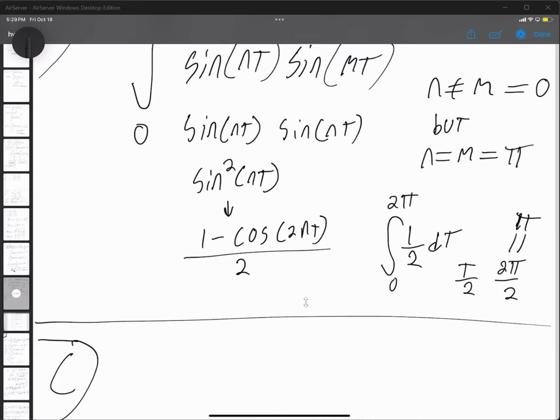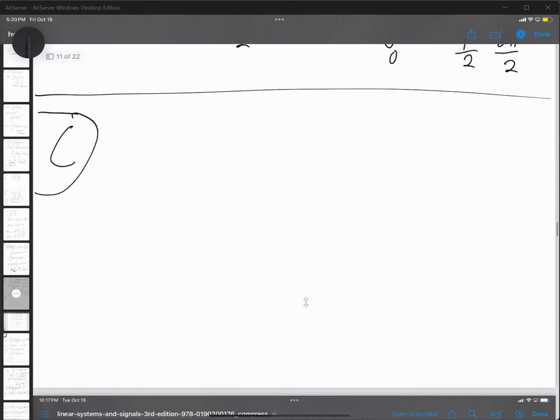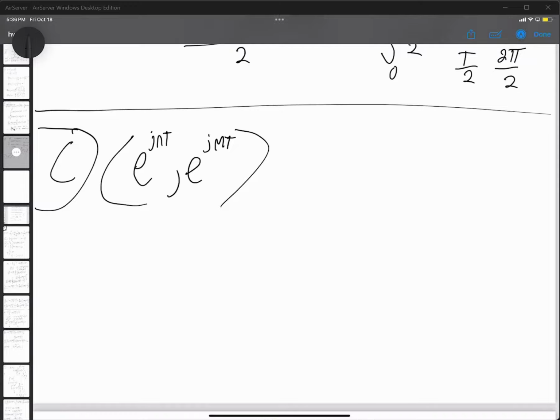And so for part C, we'll look at this case, and we have our formula, 0 to 2 pi, f of t, which is e to the j n t, conjugate of g of t, which is e to the j m t. Now for this case, we will be grabbing the conjugate because this is a complex form, right?